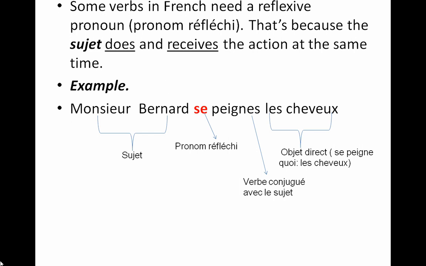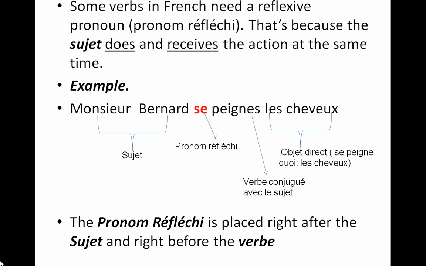That's how you answer. Okay, so you have the subject, you have this pronom réfléchi, which for the third person is se. If it was another subject, it would have been a different one. We'll see that in the table that comes. And then you have the verb that is conjugated with the subject, and then you have the direct object or objet direct.